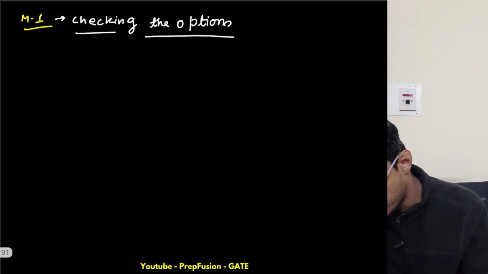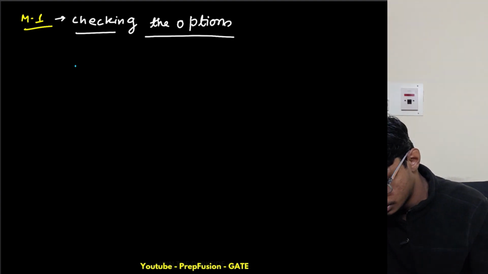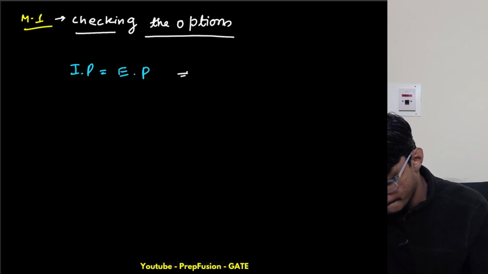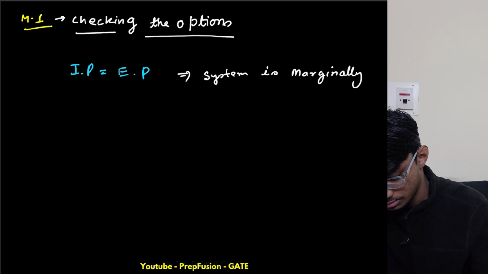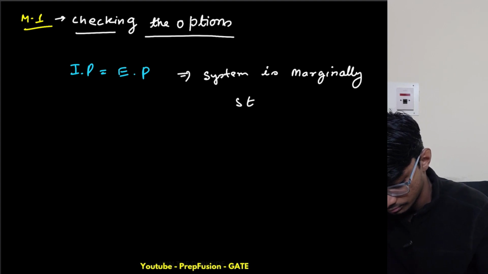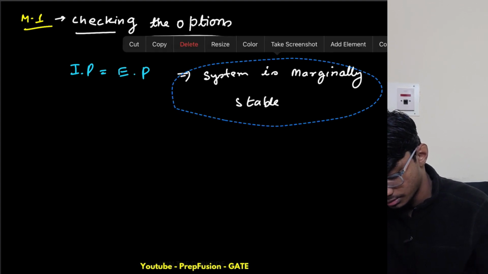So what I can do: IP equals EP, then the system is marginally stable. The system is marginally stable if this is true.